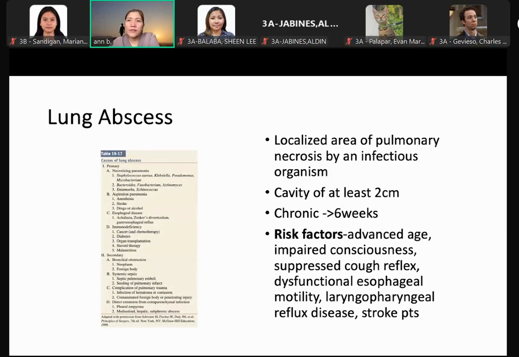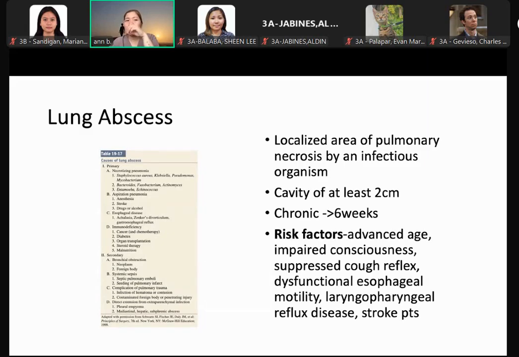So, causes of lung abscess, it is tabulated in your book. So please go through this and know some of the primary and the secondary causes of lung abscess. So we have here the necrotizing, aspiration pneumonia, esophageal disease, and immunodeficiency. Or as a secondary, it is bronchial obstruction from neoplasm, foreign body, systemic sepsis.